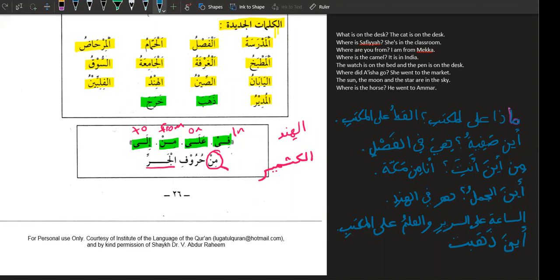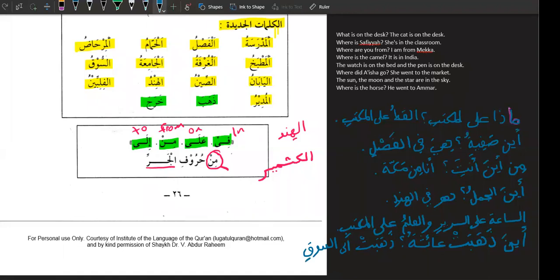So it'd be أين ذهبت عائشة؟ Question. And then she went to the market. So ذهبت إلى السوق.